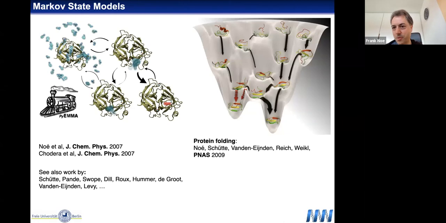One approach to make progress there is Markov state models, where the idea is to discretize state space and then not use a single simulation, but start independent simulations from different starting points, and maybe also learn how to do that in an adaptive way.